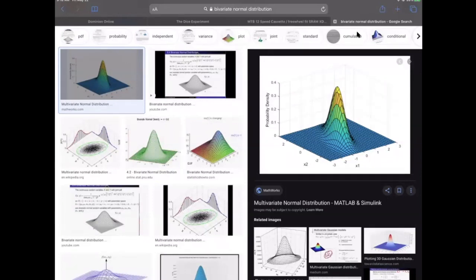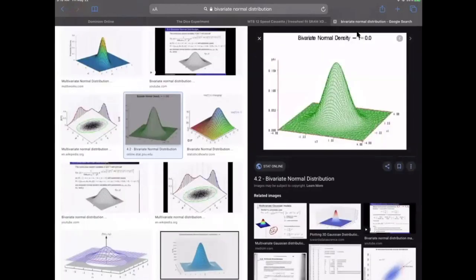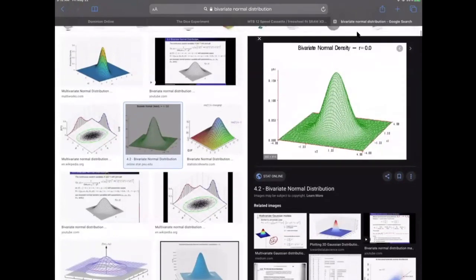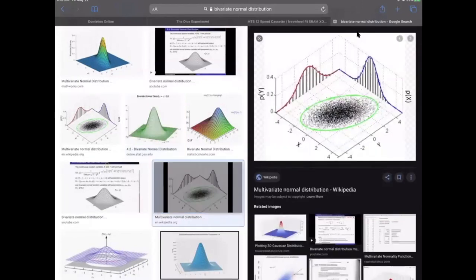And so you kind of have to do a three-dimensional bar graph to decide if data points look sort of like a bell in 3 dimensions. And so that's the requirement. And there are ways to determine this, obviously, but it's sort of beyond our scope. And I like this one here. That's a great picture.